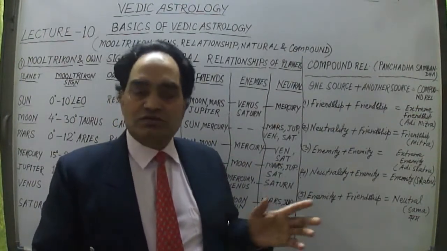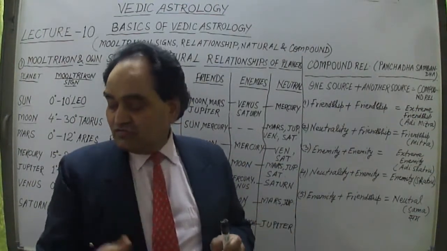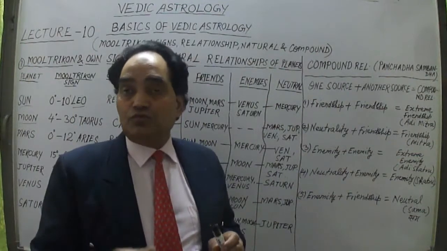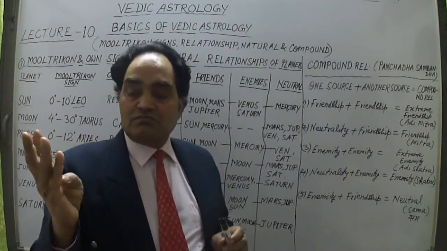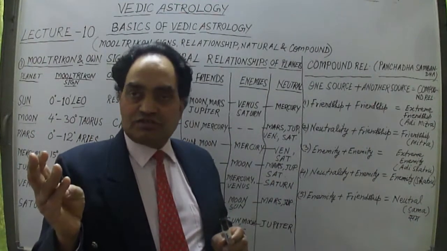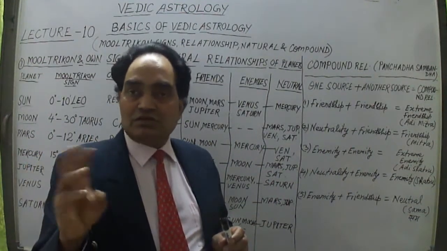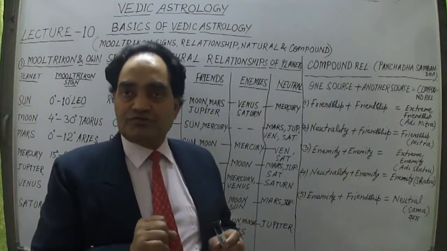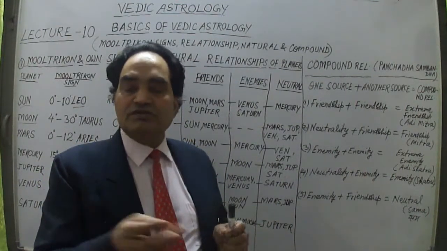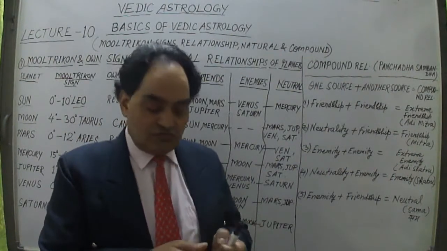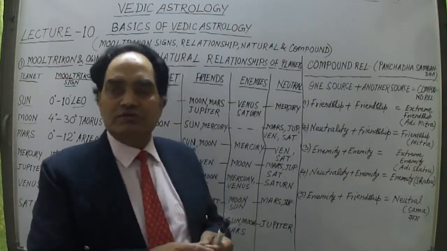As I've told you, Rahu has friendship with Mercury, Saturn, and Venus. They are the friends of Rahu, right? While Sun, Moon, Mars, and Jupiter are enemies of Rahu.